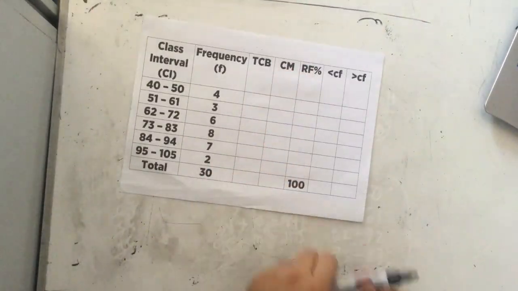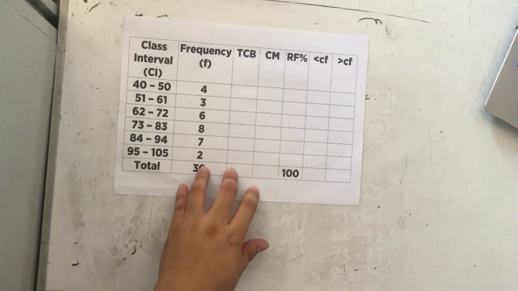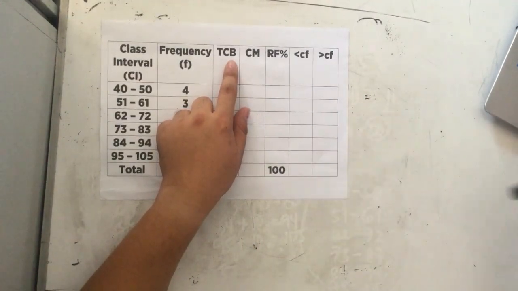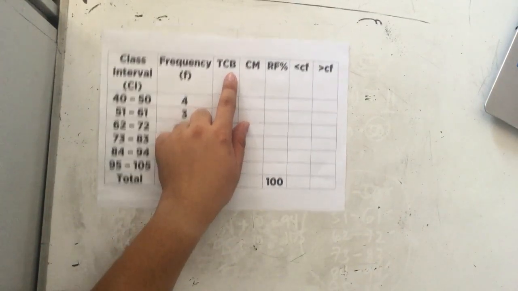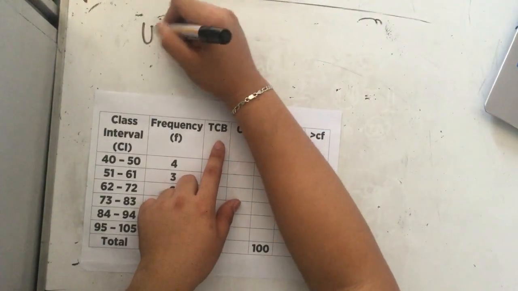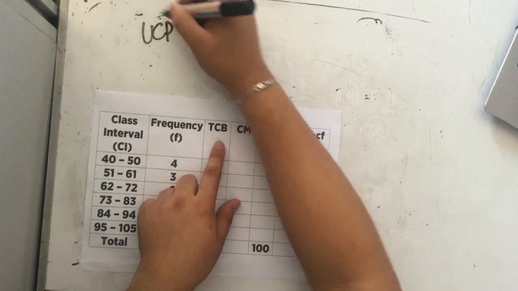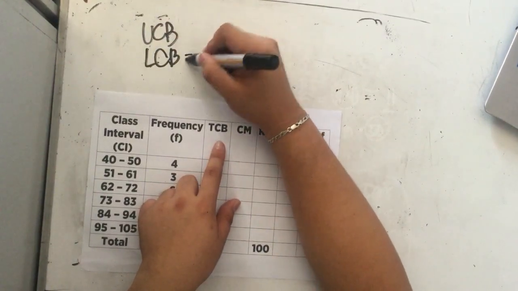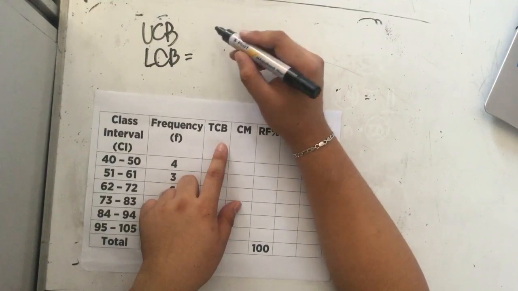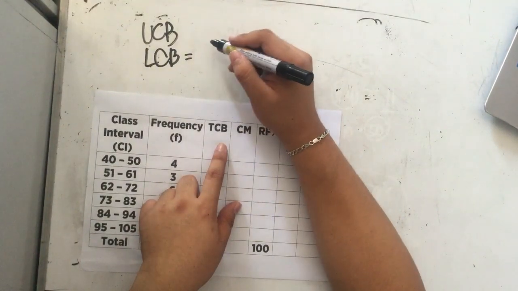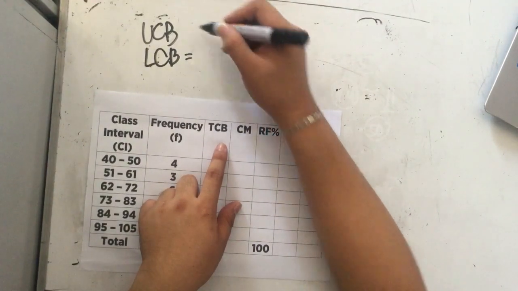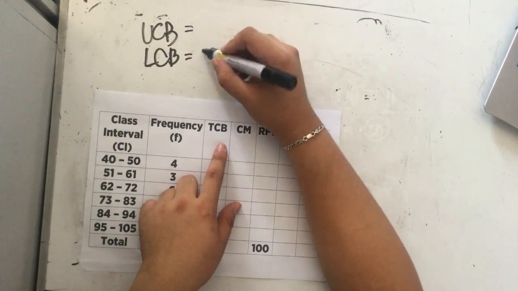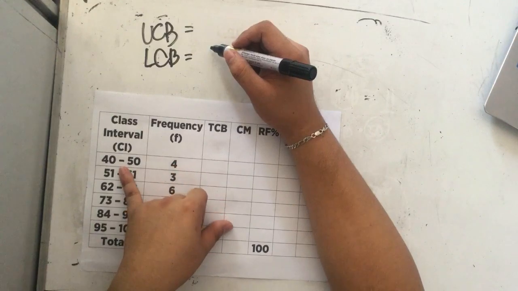Okay. So to get the lower class boundary and upper class boundary, sa lower class, we just subtract 0.5 to our lower limit ng ating class interval.